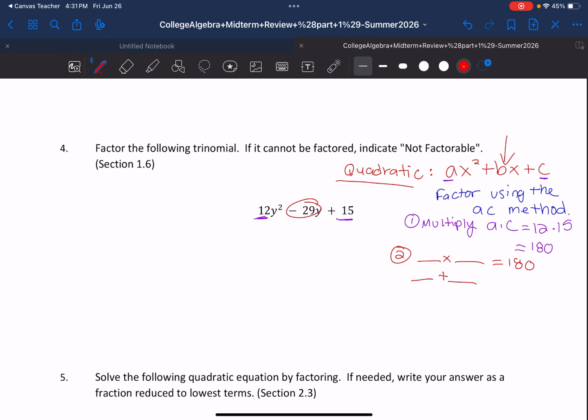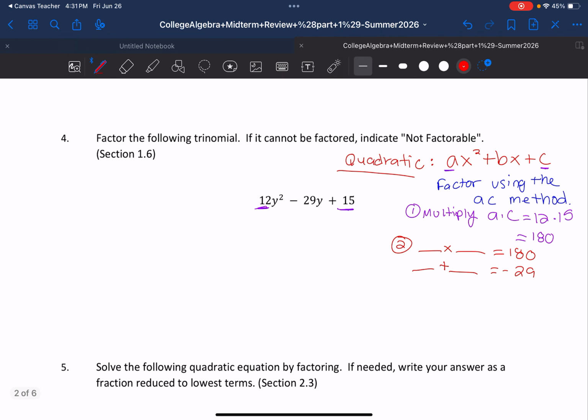That's the coefficient in front of the X term. So it needs to equal negative 29. Now these are big numbers, which is fine. But it can take a little bit more time to figure out what two numbers to use. But the best way to do this is to start listing out factors of 180.